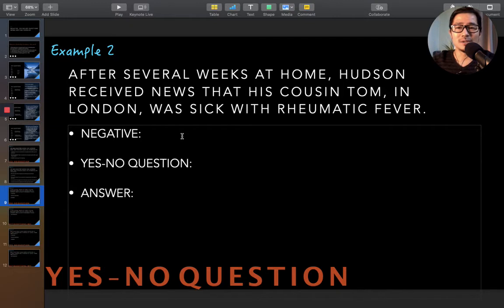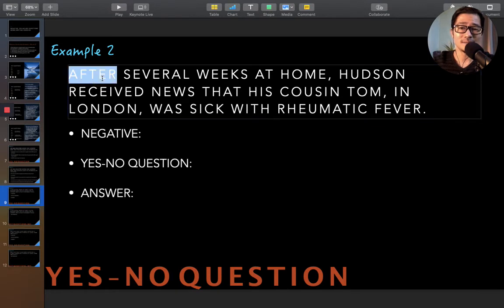All right, so normally we can see the subject at the beginning of the sentence, right? But remember, if the sentence begins with after, before, or any preposition or any conjunction, then the subject is not there. Okay, you can see here, there's no subject here.